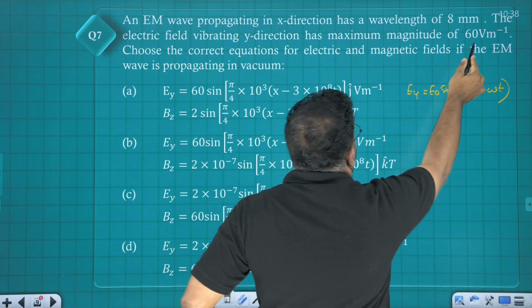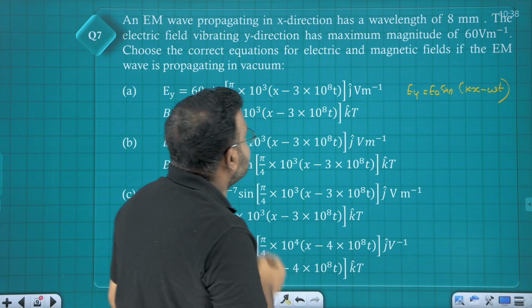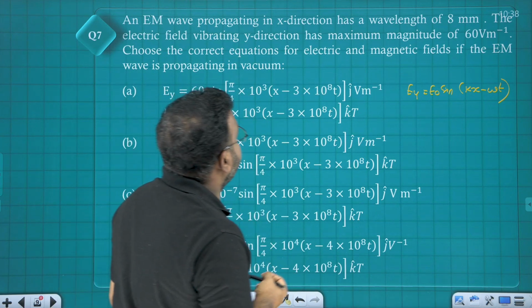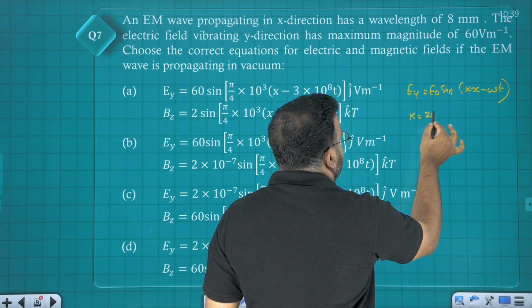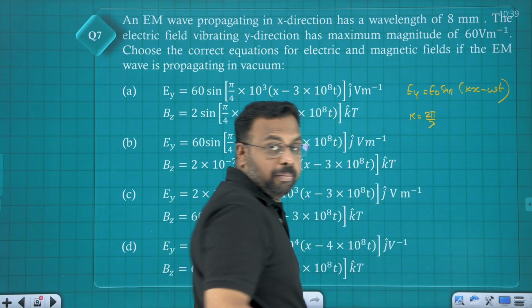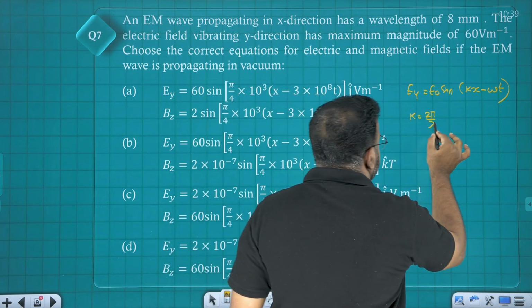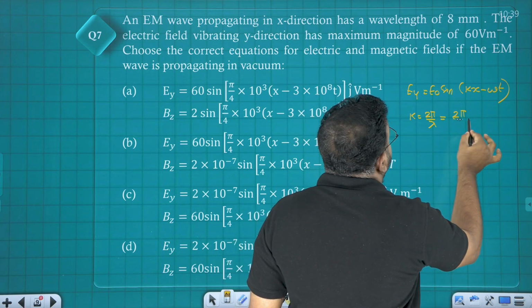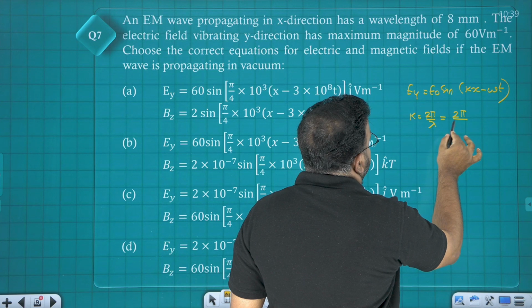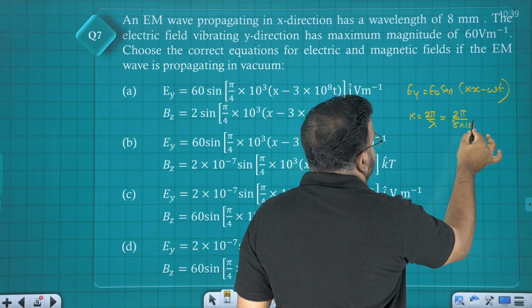E naught is given as 60. What is k? k is 2 pi by lambda. So let's substitute: 2 pi by lambda, and lambda is given as 8 millimeter, so 8 into 10 to the power minus 3.